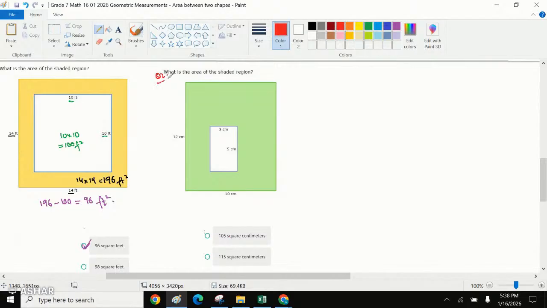We can simply find the area of the larger shape. And what is the area of the larger? What about the smaller shape? Can we do the area of the smaller shape and then do the subtraction, the larger minus the smaller?